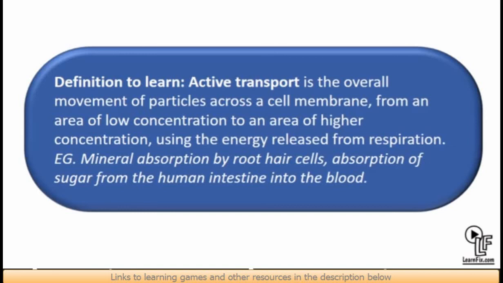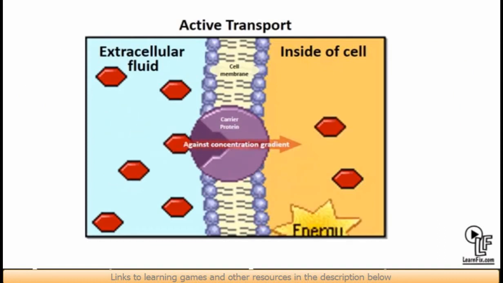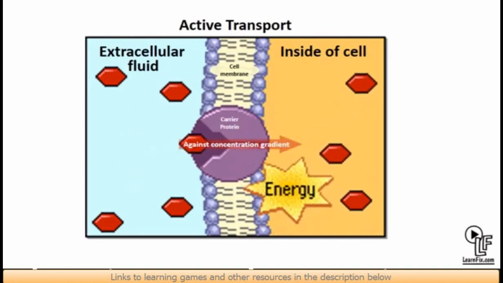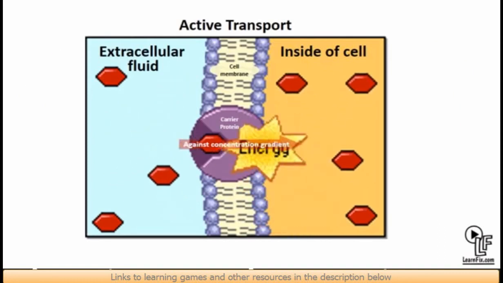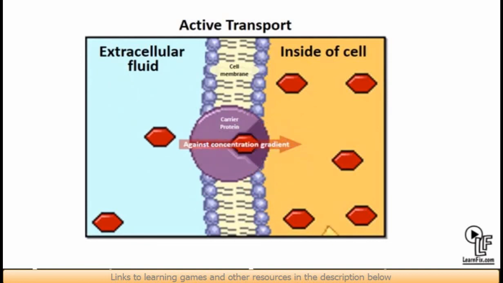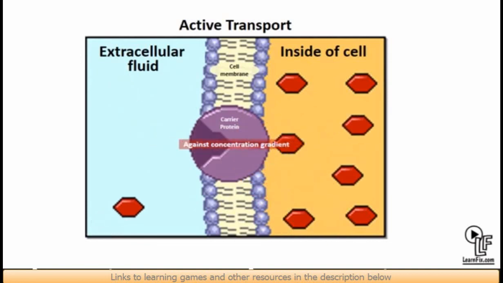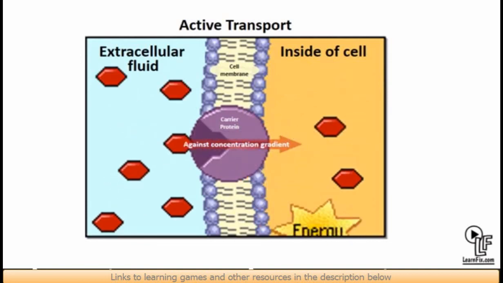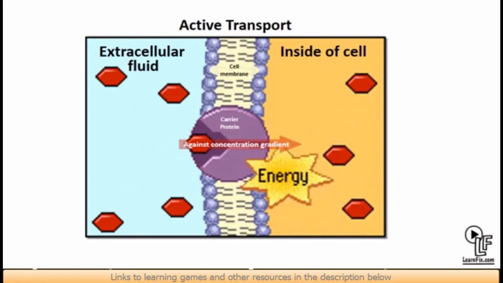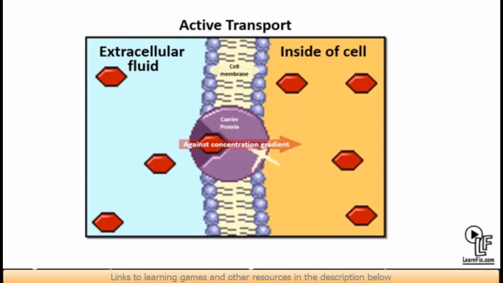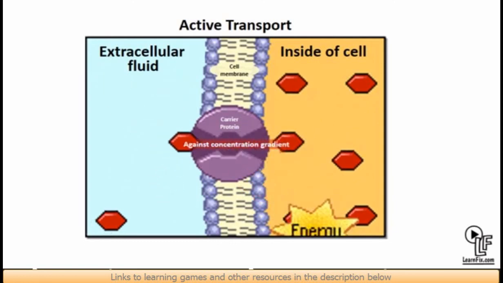Now, there isn't just one method of active transport, there are a few, but this animation should give you a good idea of how it works. And the three main things to notice are: there's a protein spanning the membrane which is doing the transporting. The protein has got a complementary shape to the particle that it's moving.